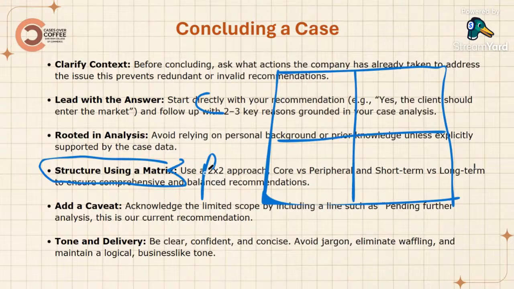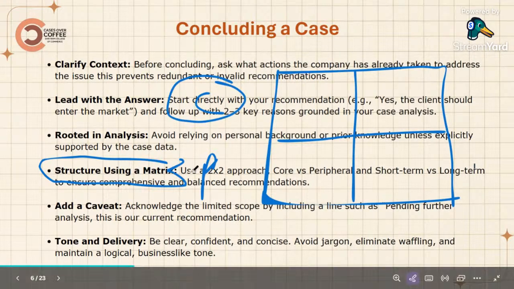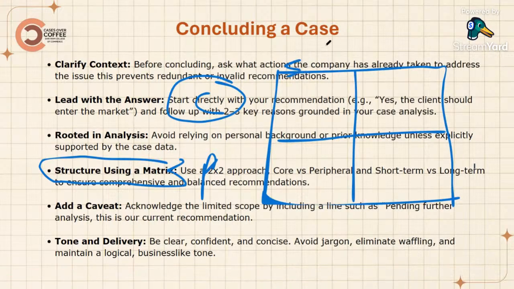I've just taken this as an example from the previous session, where I explained the core benefit or the peripheral thing in the profitability case. So what would be the short-term implication or the long-term? Now it is not exhaustive. There can be multiple matrices that you can make while working on different cases.